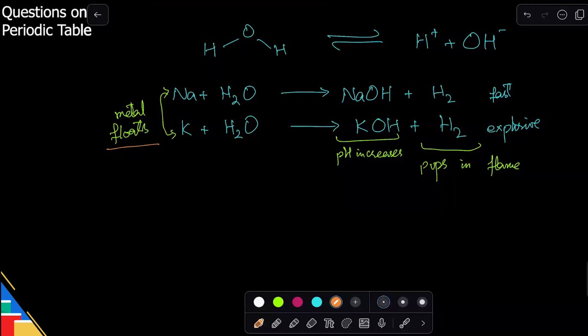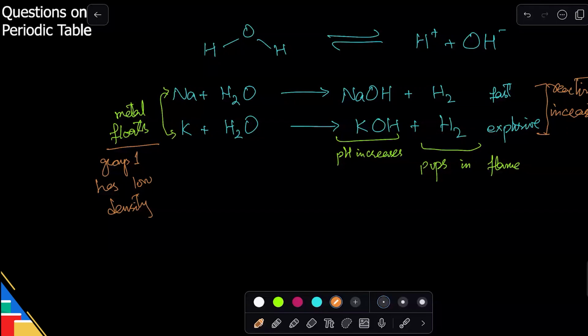This tells me that group 1 has low density. That is the reason they float. This tells me reactivity increases down the group because sodium is fast, but potassium is explosive. Potassium is reacting faster. And pop in a flame is simply the presence of hydrogen gas, कि वो hydrogen produce हो रही है.